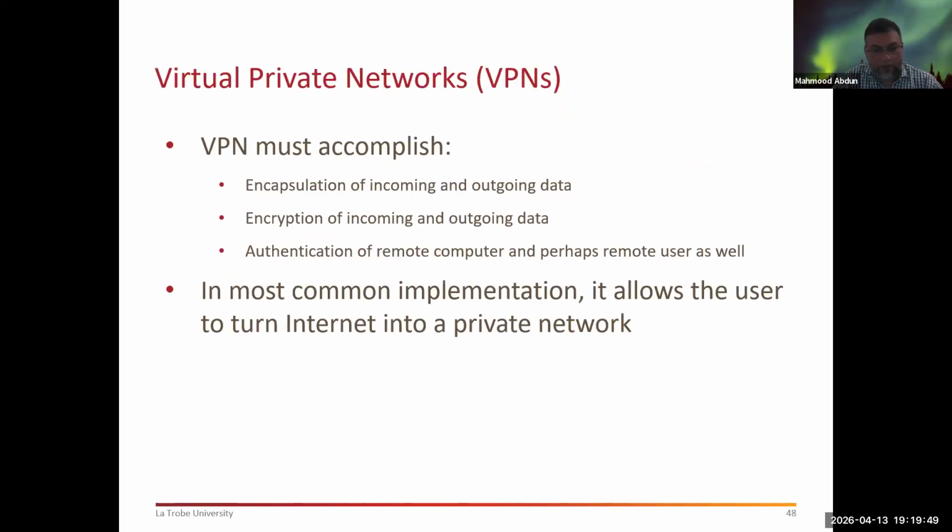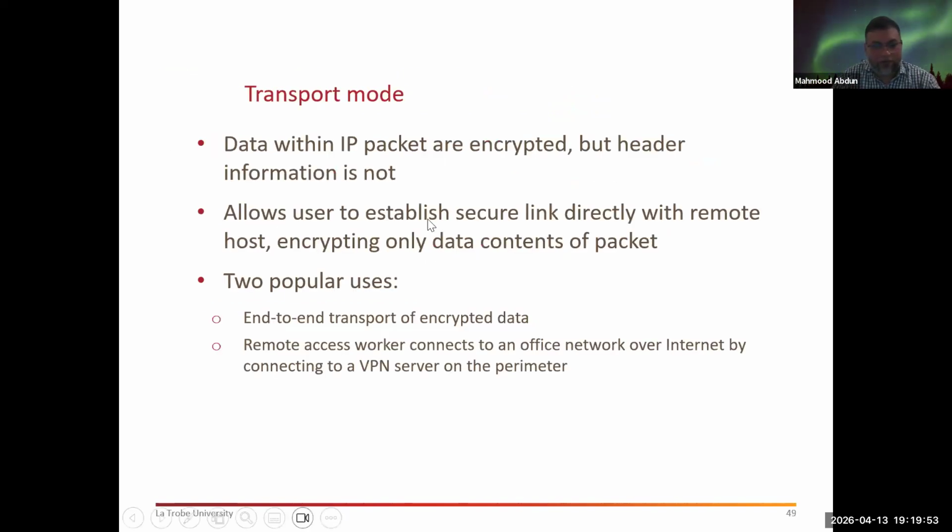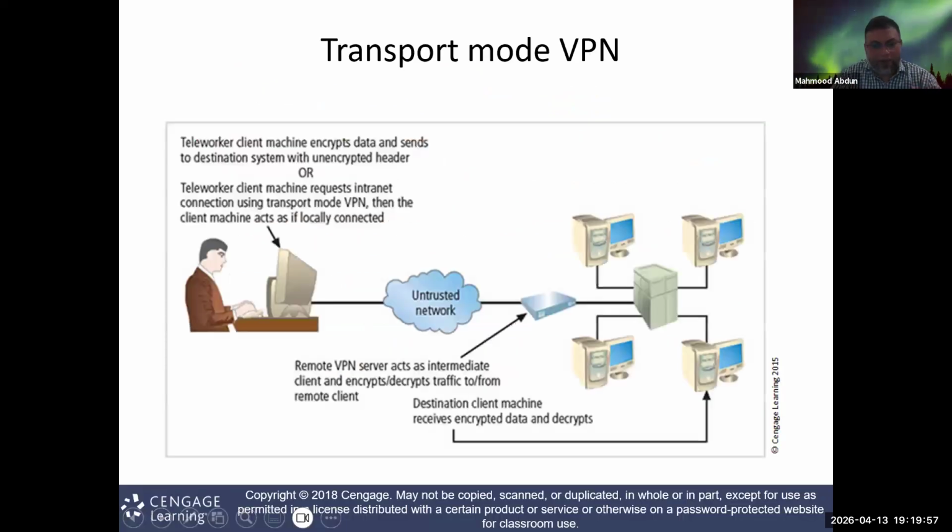So there are some characteristics of VPN. Please go through this. There are two modes: transport mode and tunnel mode. But essentially, there is a client, maybe your employee, who's trying to access your internal network from outside, from home, working from home. How do they do that? Your company has a VPN, with a VPN client and a VPN server.